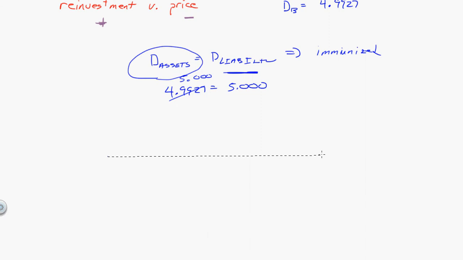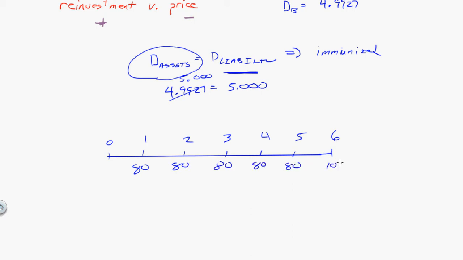Let me draw a picture here. So here is our bond, 3, 4. This is our 6-year bond. It's going to make payments of 80, 80, 80, 80, 80, 1080. What you want to think about is if these were weights, and not the $80, but actually the present value.